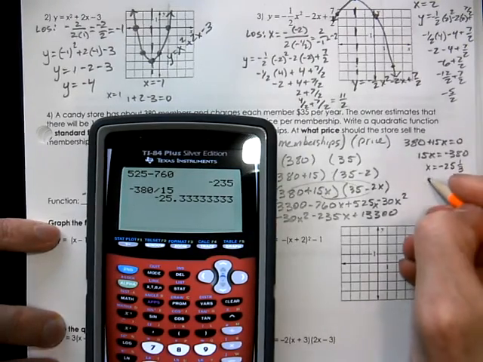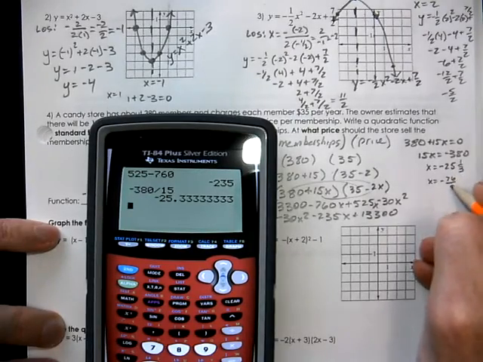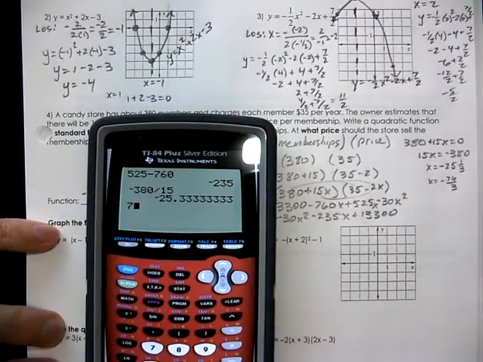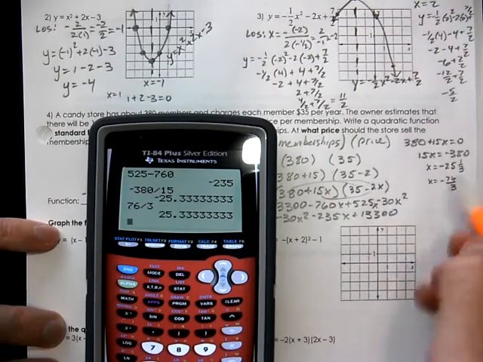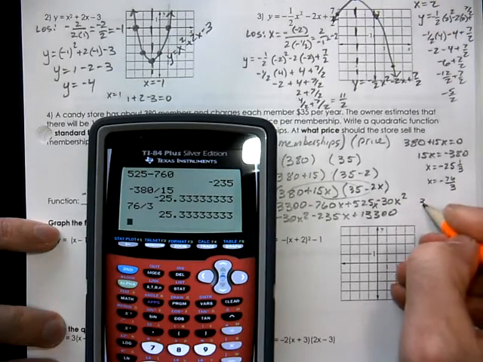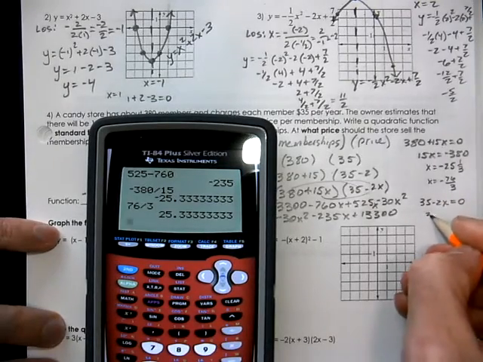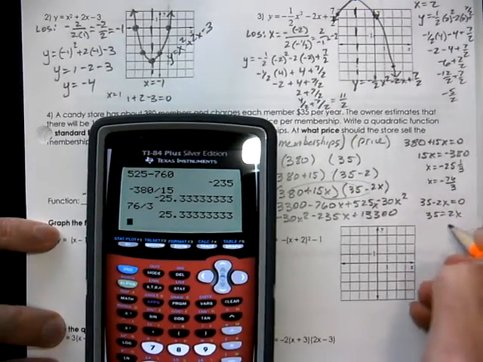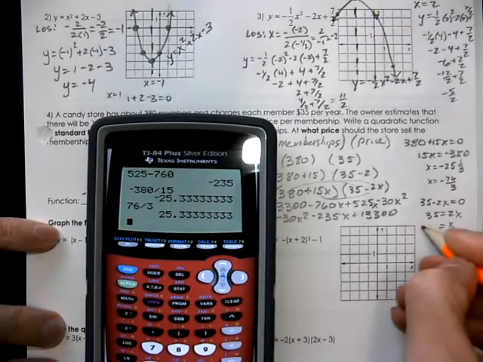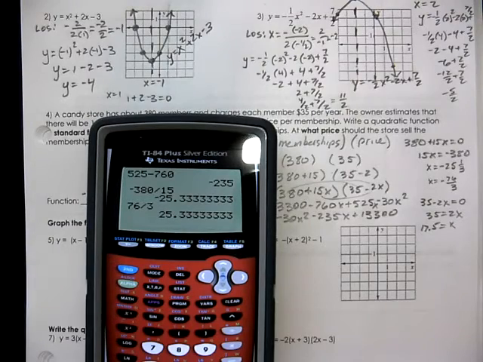So that's actually negative 76 over 3. Okay. Then our other one is going to be 35 minus 2x equals 0. That's negative 17.5.